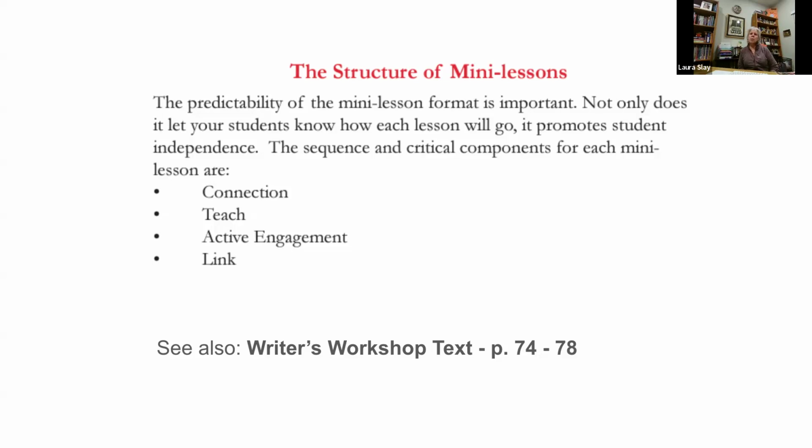Then the active engagement, where we're working together, maybe through guided instruction, maybe through small group activities where they're actually practicing the work. And then you link it to what it is that they're going to do, for a real purpose, for what they're going to be doing in their assignment.